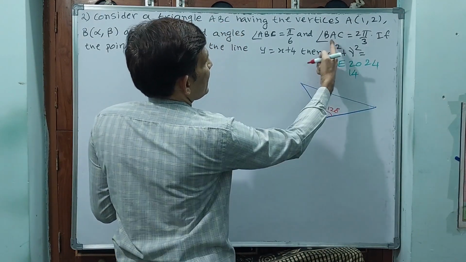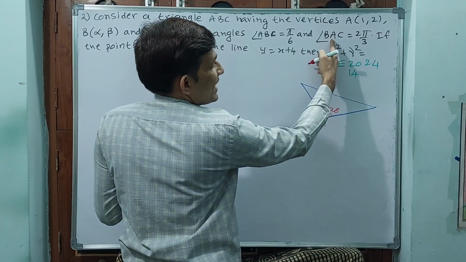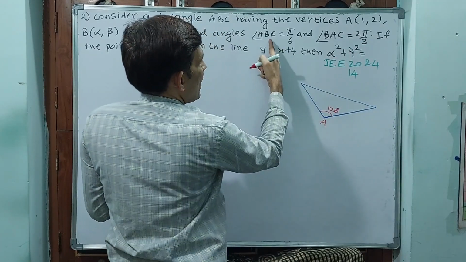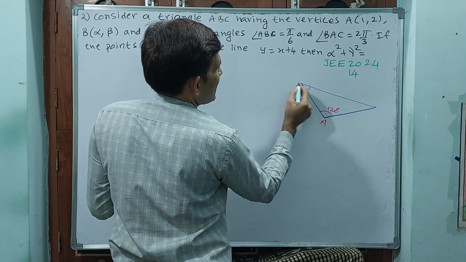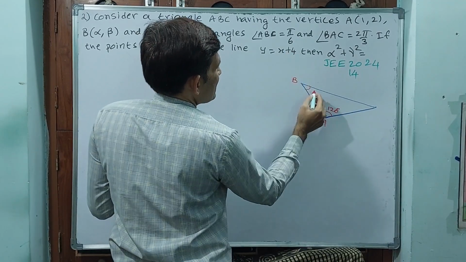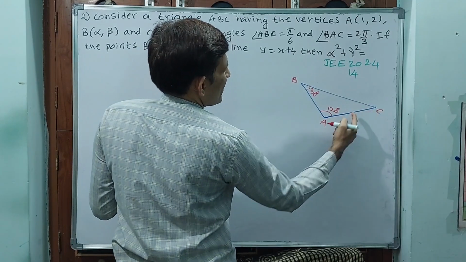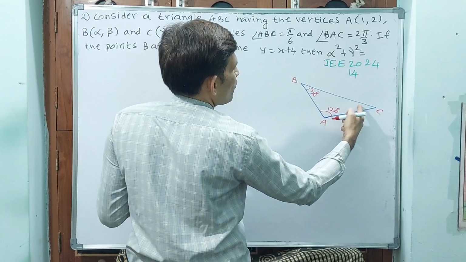This you take as A, because BAC means angle A, 2 pi by 3 means 60 into 2, 120. And ABC, like that you take. This you take as B, and pi by 6 means 30 degree. This is C. This angle we don't bother.